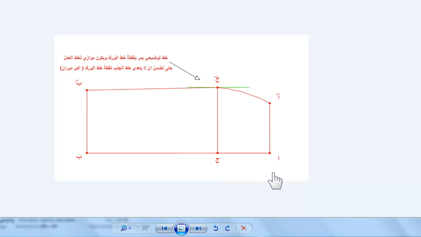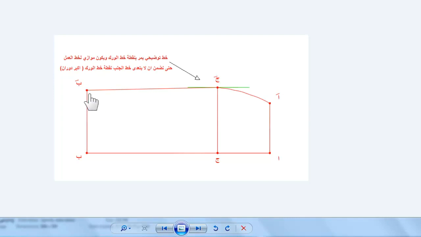After that, we put the height of the lines A to A open, G to G open, and B to B open. The side line connects from open A to open G in a curvy line like what's shown. And G open to B open is straight.